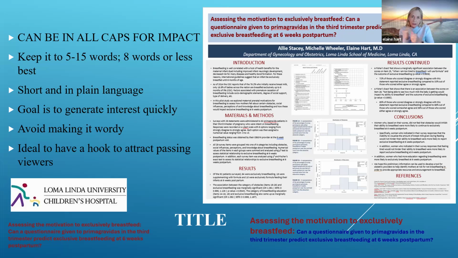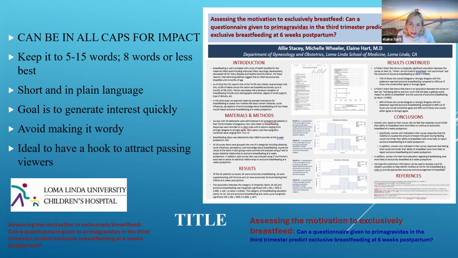So, like I said, I'm going to critique many of these old posters that I have made over the last 15 years, maybe longer than that. So this one, and if you already have a research project, a lot of times my projects have really long names, okay? And this one did. Assessing the motivation to exclusively breastfeed.